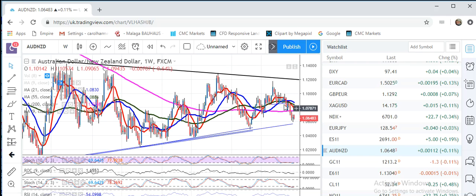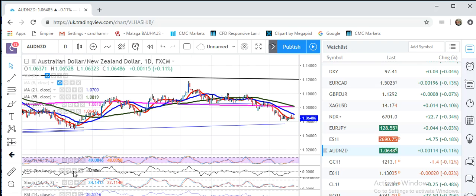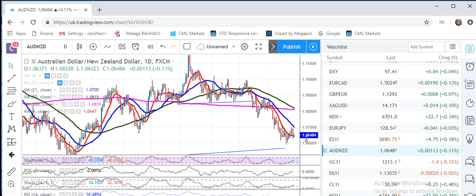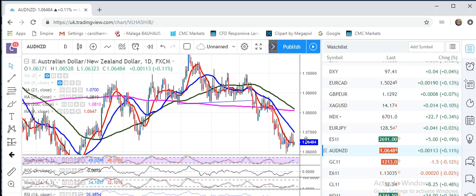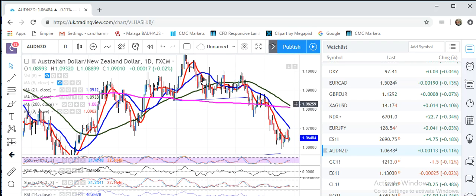I wanted to confirm it on the weekly time frame, but I knew 108 was a level because, as I say, I have traded this extensively over the years, and I can see nothing that's going to alter this view.